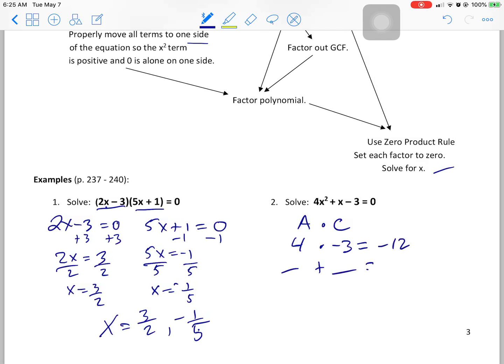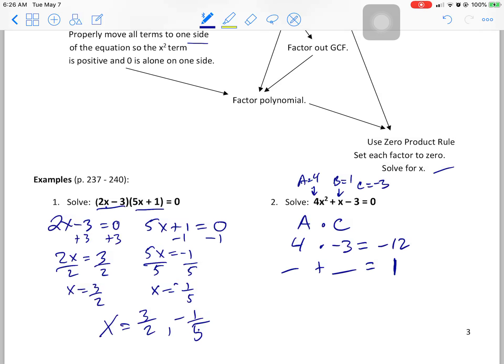Factors of negative 12 that add up to a 1. That's my B. Remember, that's my A. So A is 4, B is 1, C is -3. So A times C equals -12. Factors of -12 go in these lines.